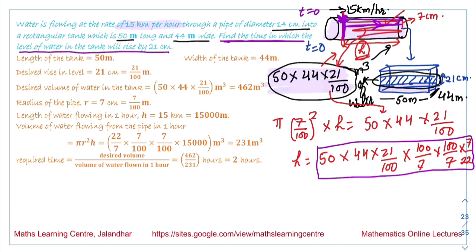We require the time. Now it is given that the speed of the water is 15 km per hour, that is equal to 15000 meters per hour. It means this much distance it is traveling in 1 hour.